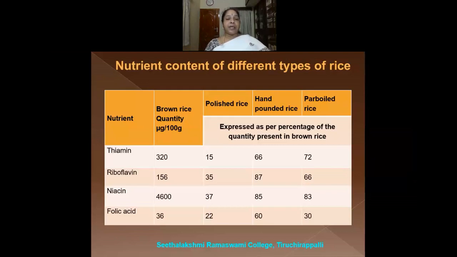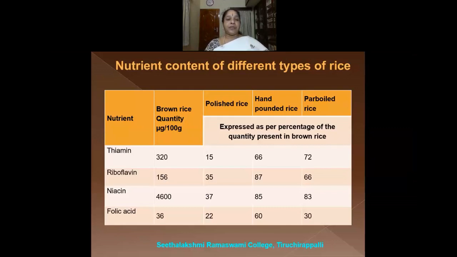The B vitamin content thiamine in the brown rice is 320 microgram per 100 gram, whereas in polished rice, there is a big loss or difference. It is only 15. In the hand pounded rice, it is 66 micrograms. And in the parboiled rice, you can see that the content is higher than the hand pounded rice, which is 72.